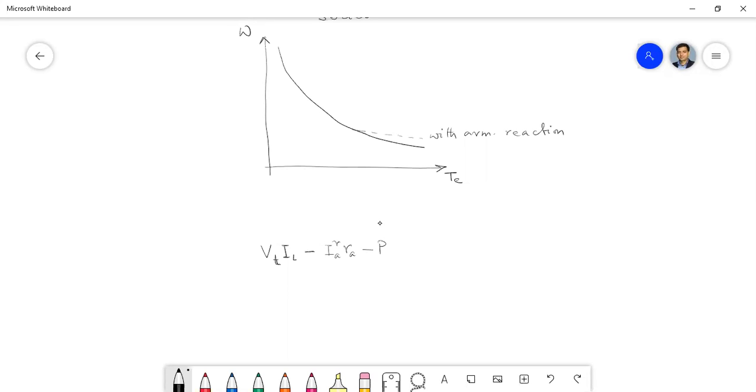Here we also have to subtract the core loss. Then whatever power is left is readily available to be converted to mechanical power. So there are two losses: one is electrical, another is magnetic. This is the electrical loss and this is the magnetic loss.